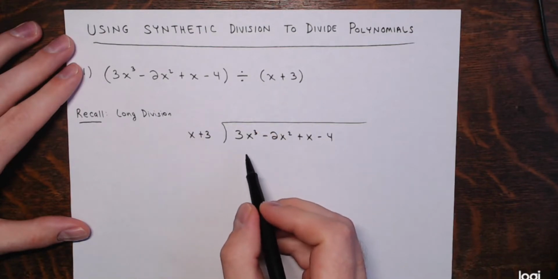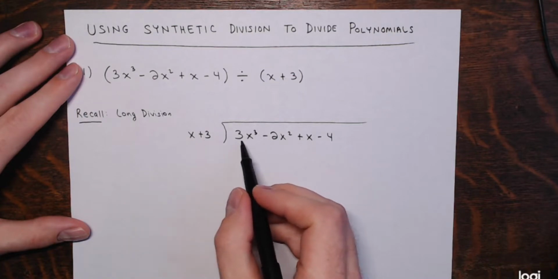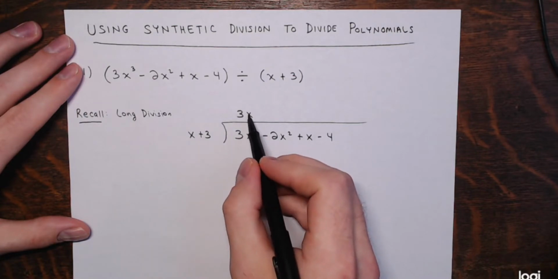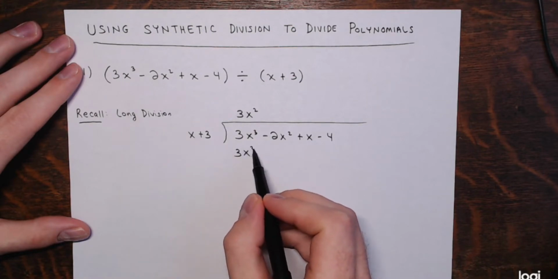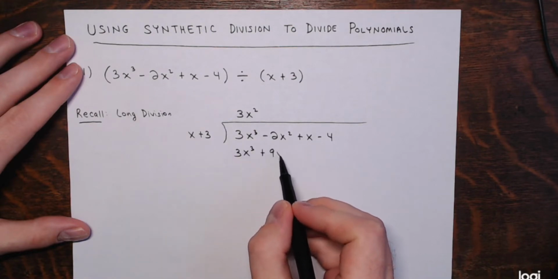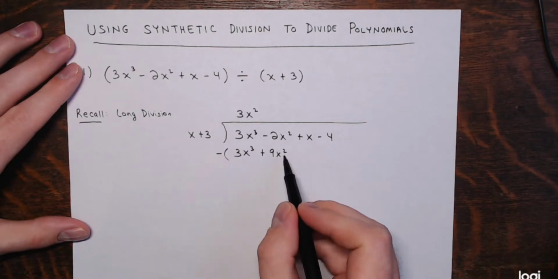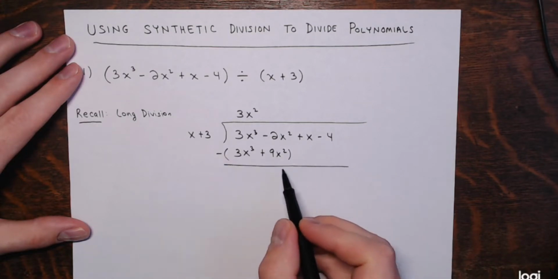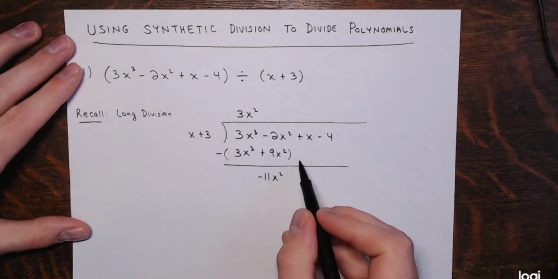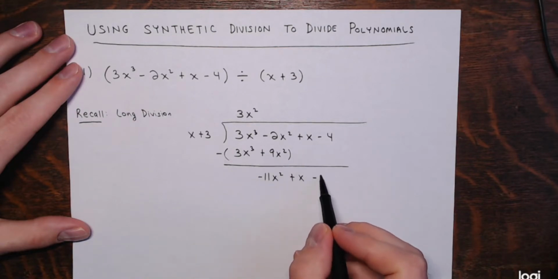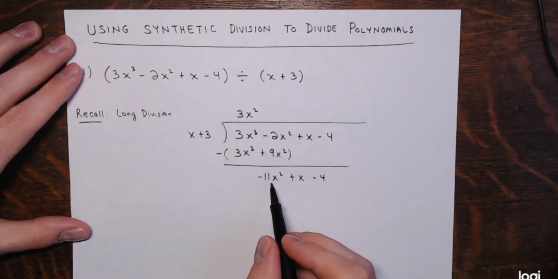So I divide the lead terms. That'd be 3x squared. Then multiply by the divisor, we get 3x cubed plus 9x squared. Then subtract all of that from the line above it. That gives me negative 11x squared, and plus x minus 4 still. Then start over, divide the lead terms.